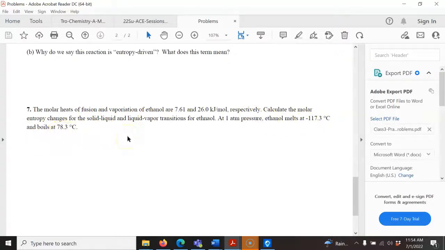And they are asking again for the entropy. Indirectly, they're not telling you that you should use delta G equals 0, but you know to use delta G equals 0 because that is the point where these processes are neither spontaneous nor non-spontaneous. They're at equilibrium, either melting or evaporating.